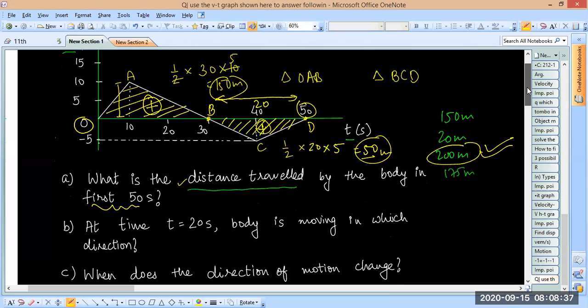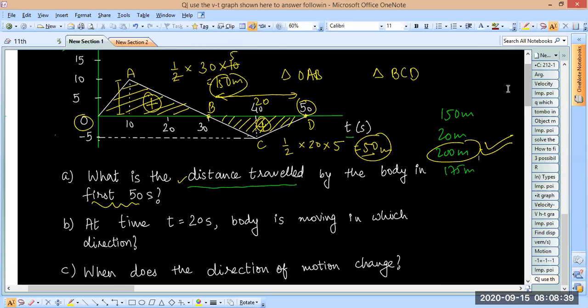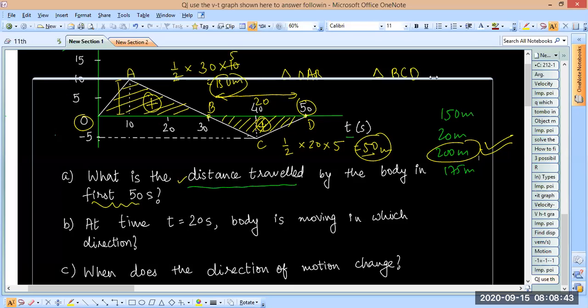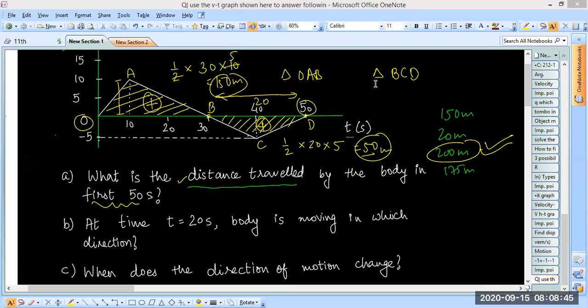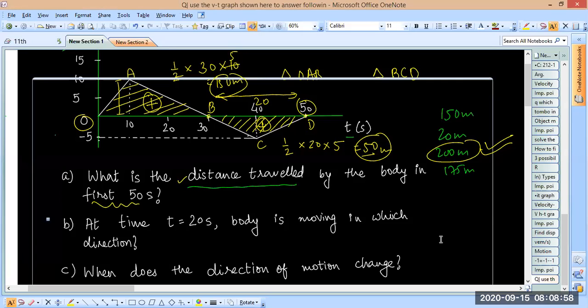All right, now we go to B. Let's go to B. At a time t equal to 20 seconds, in which direction is the body moving? People, I want reasons.